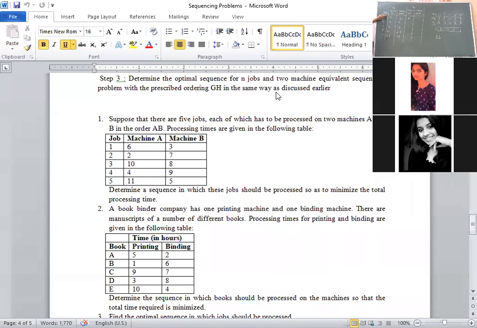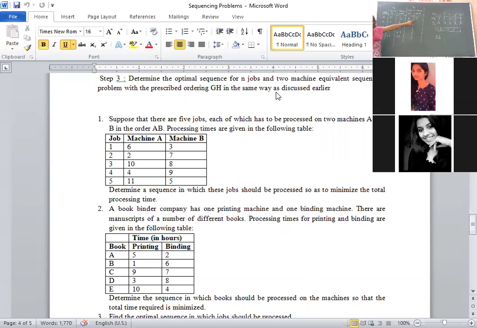Right now, for job 2, you have to search the second column, that is the machine B column, students. To perform job 2, machine B will take how many hours? 7 hours. That means 2 plus 7, it is 9. Then here, listen carefully. The second job will be over at the 9th hour on machine B. Then the fourth job is continuing till 6 hours, correct?